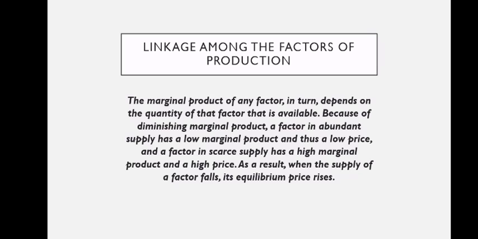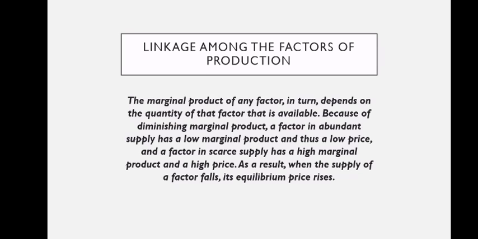A factor in abundant supply has a low marginal product and thus a low price. A factor in scarce supply has a high marginal product and a high price. As a result, when the supply of a factor falls, its equilibrium price rises.